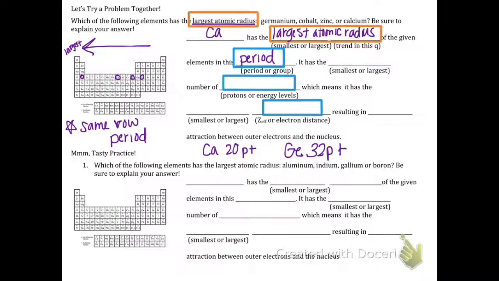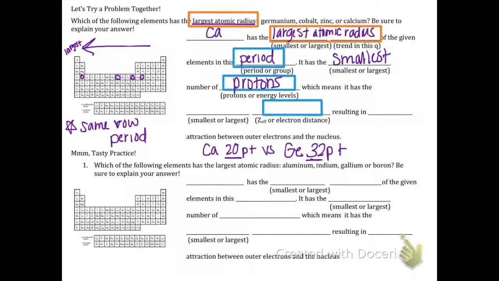Okay, so you're comparing calcium and germanium. We know calcium has the largest atomic radius, and you've got to think why. Because between calcium versus germanium, calcium has the smallest number of what? Of protons. Right? 20 versus 32. And everything else is in the middle.